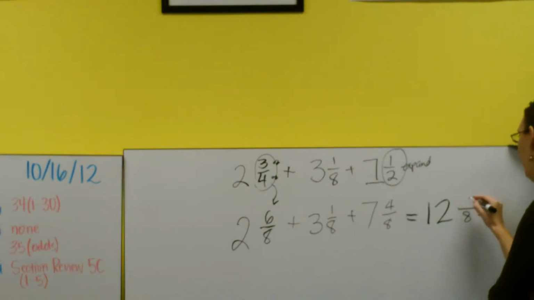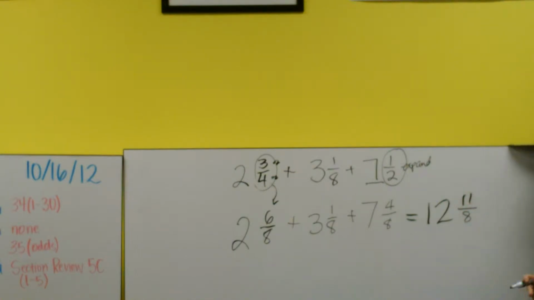11. Okay, 11. But now, if you guys notice, we have an improper fraction inside of a mixed number. All eyes up here, please. Okay? We can't have an improper fraction inside of a mixed number. That's never legal, never allowed. Okay?